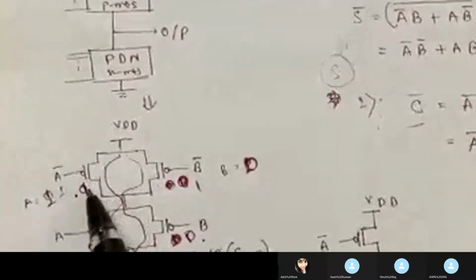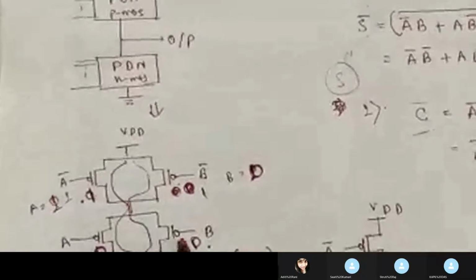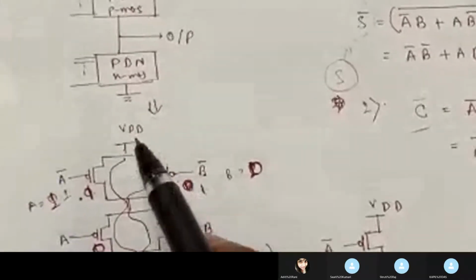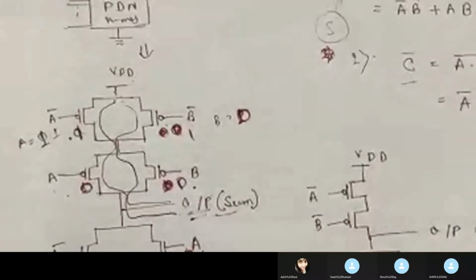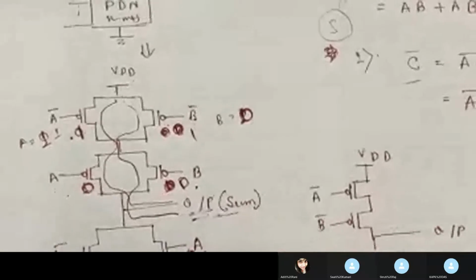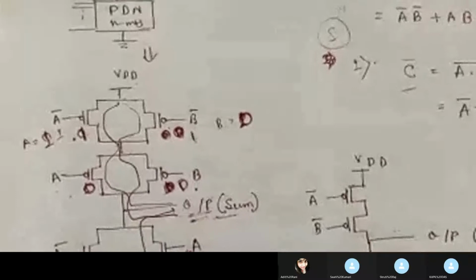So here these two transistors are in on condition, but these two are in off condition. So output cannot be established, means output cannot be pulled from VDD. If we come to the pull-down network, you can see these two are off, but these two are on. So output will be connected to ground like this. So it will become 0.